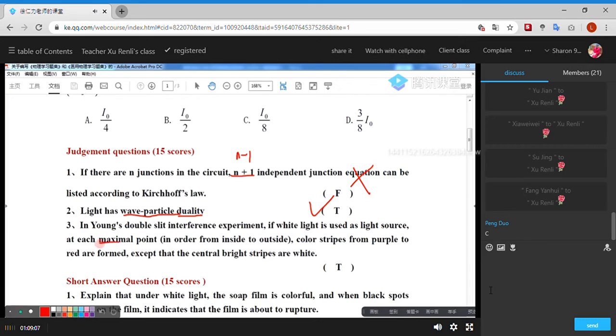So here the maximum point is the bright line, corresponding to the bright line.